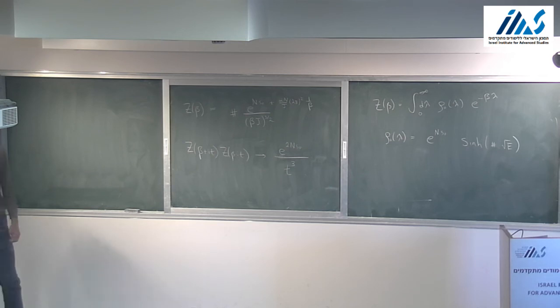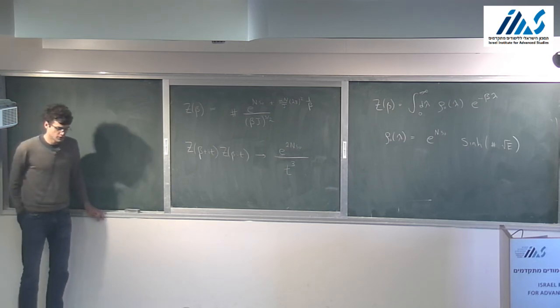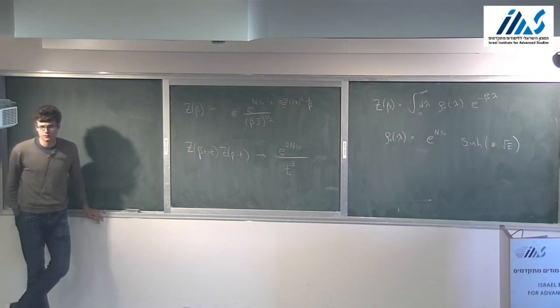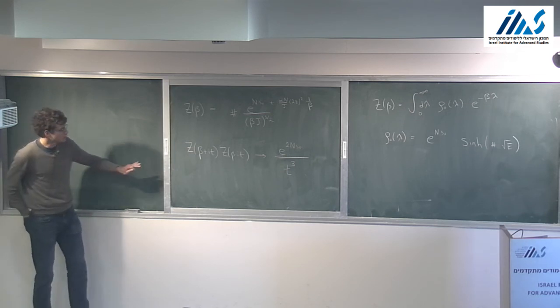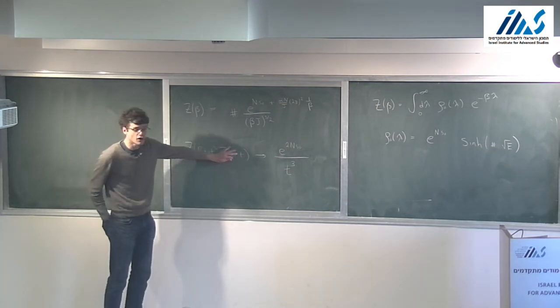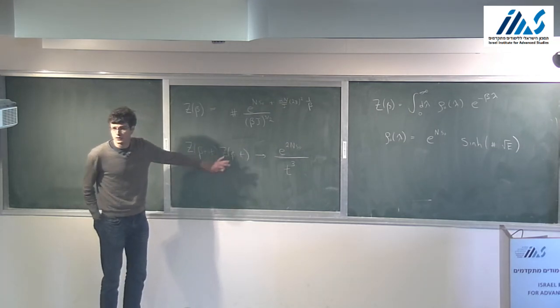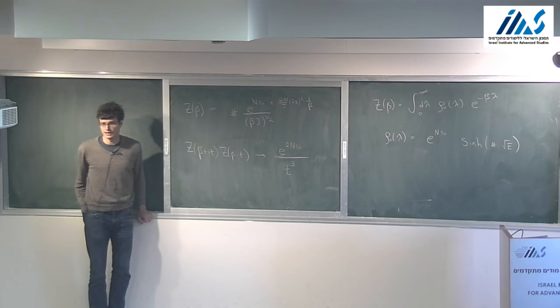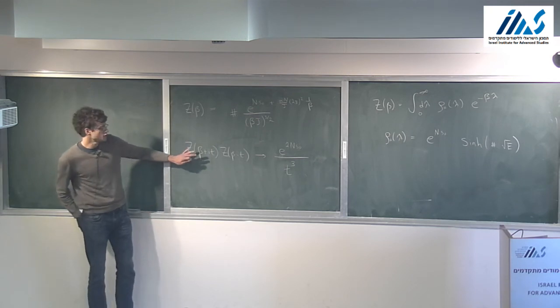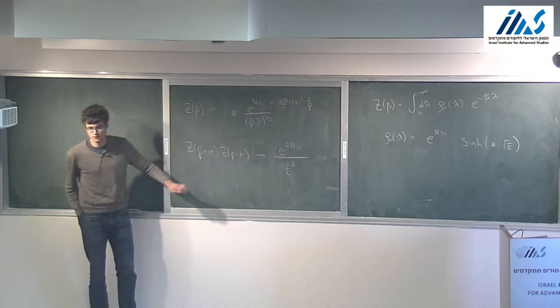And in the SYK model, it's easy to see how this can happen. In order to compute the disorder average of z times z star in the SYK model, in principle, we should use two replicas of the SYK model, and we should do the disorder average of the product of their partition functions.